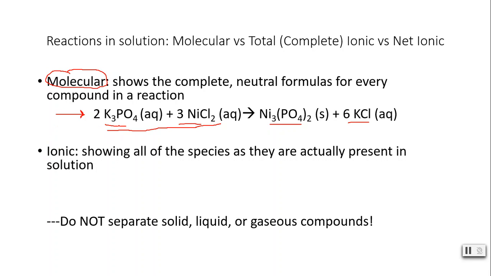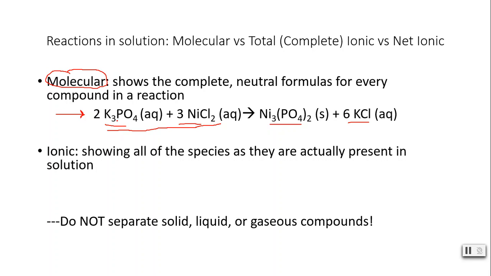If you remember, ionic compounds that are soluble, when they're soluble, they don't just stay as intact molecules, they break apart into their cations and anions. Things that do that are ionic compounds that are soluble, strong acids, and strong bases.